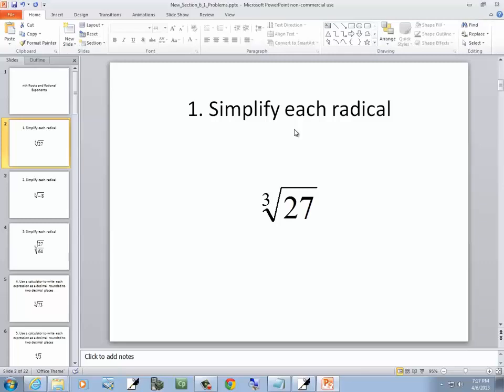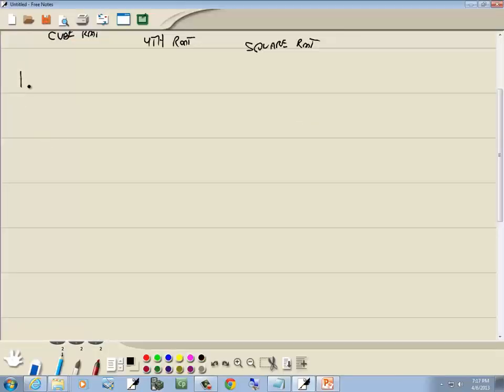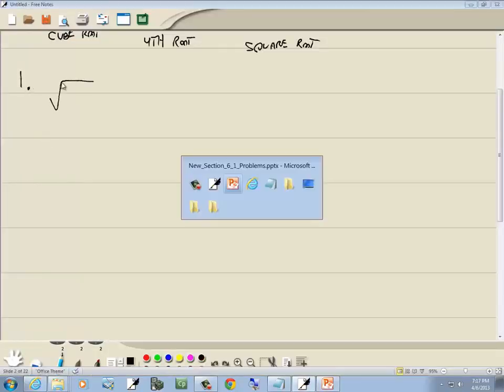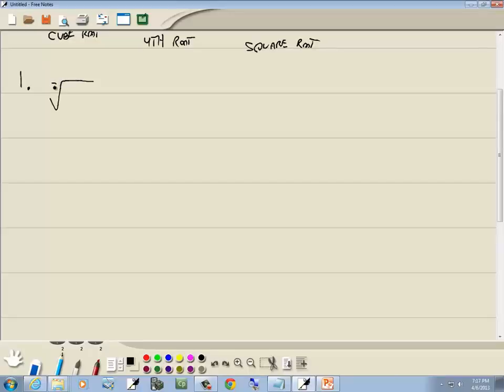And let's take a look at our first problem. We want to simplify the cube root of 27. Well, we need to do the prime factorization of the number that's inside the radical. 27 is 3 times 3 times 3. Now our index, this number in the slot here, is 3.